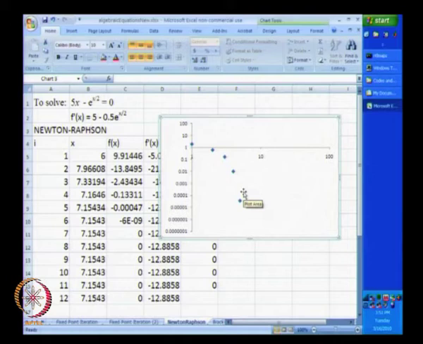So what that really means is that the rate of convergence is going to be a quadratic rate of convergence in this particular example.